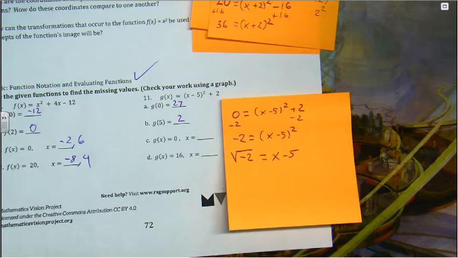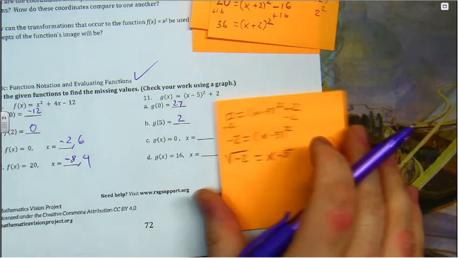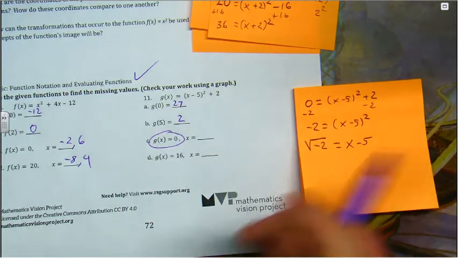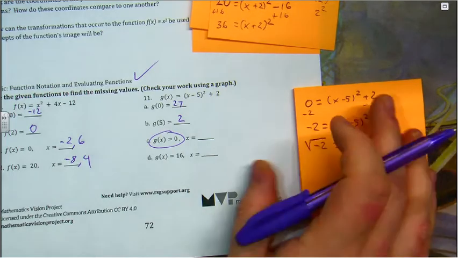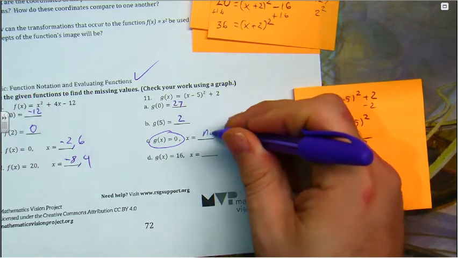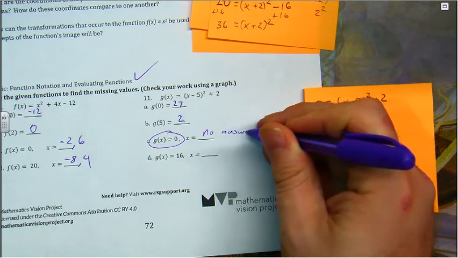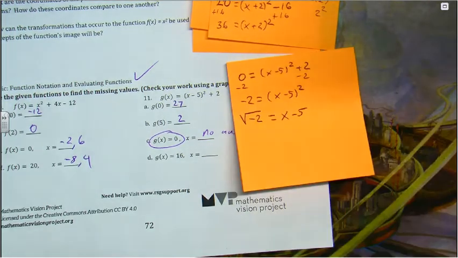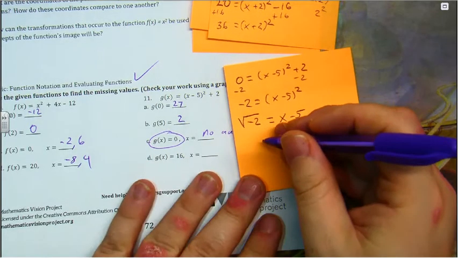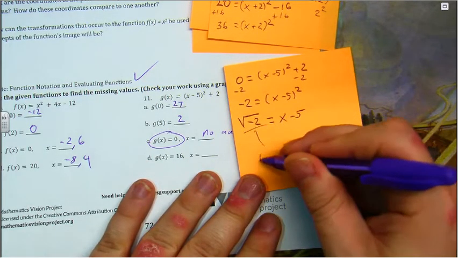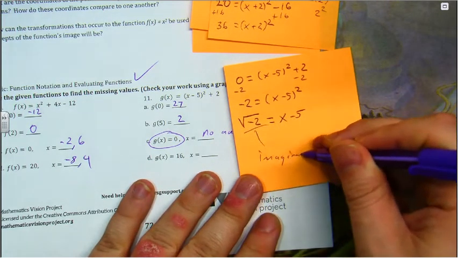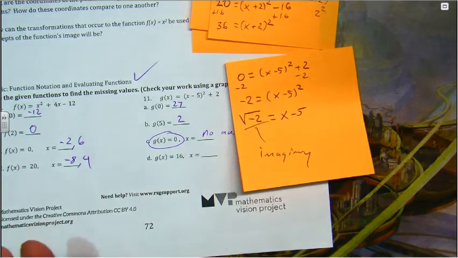There isn't, because no number times itself can be negative. So if no number times itself can be negative, where do we have g of x equals 0? There is no answer. Neat. That's so neat. Okay. Now, full disclosure, this does lead to something called imaginary numbers, which we won't get into in this course.